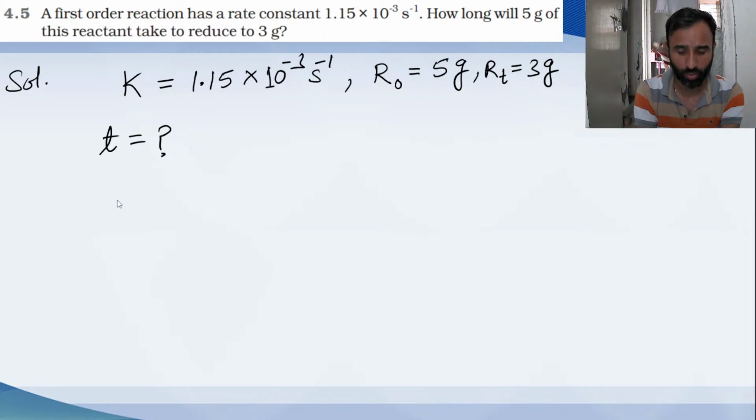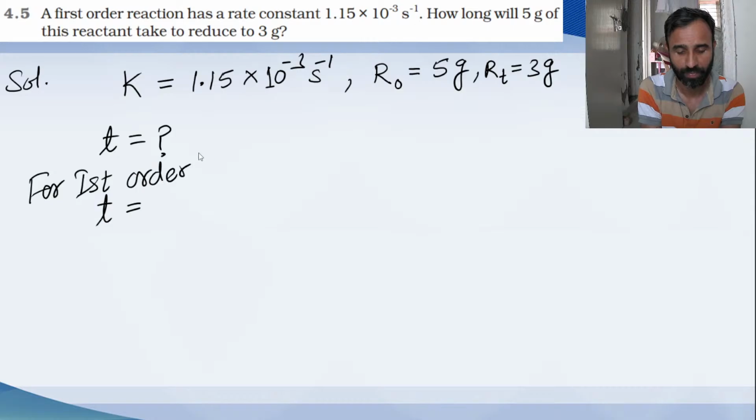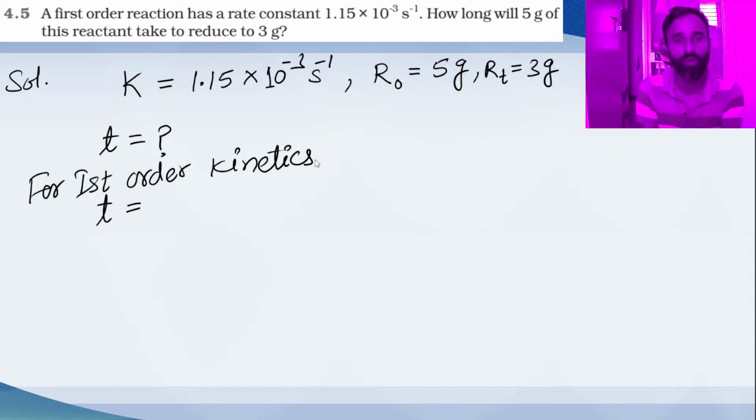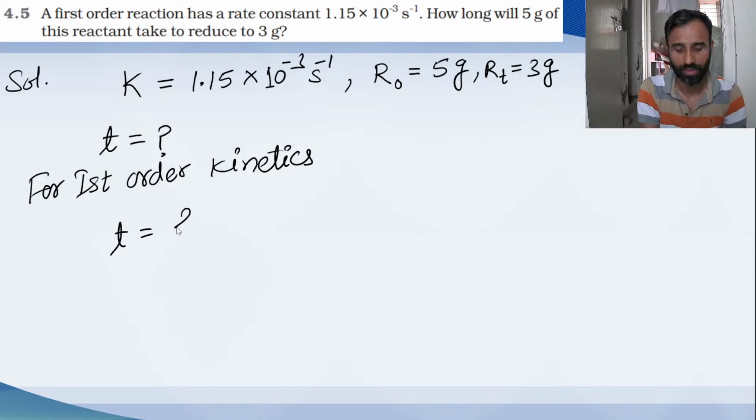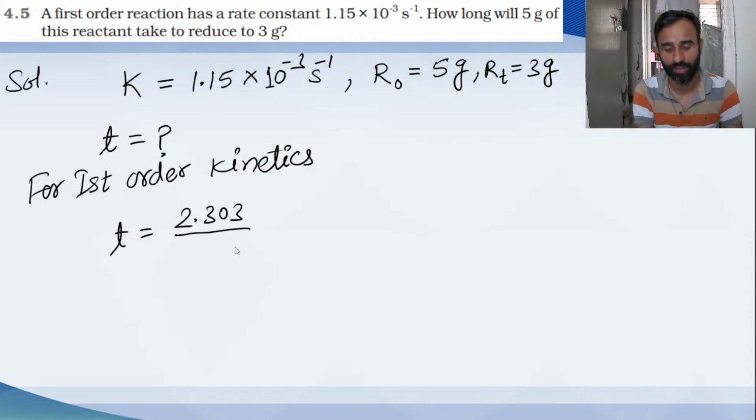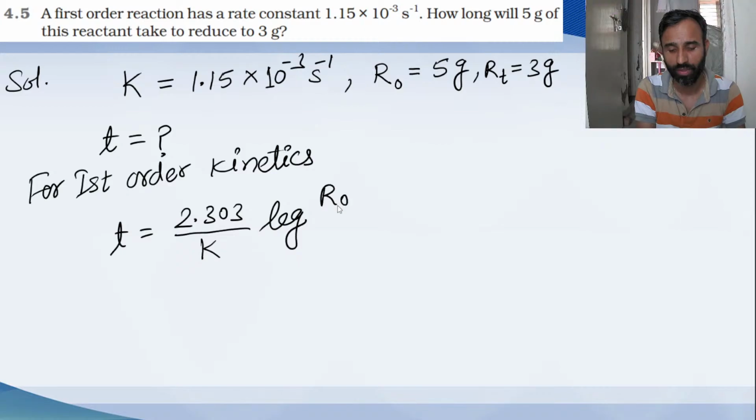Okay, so now time for first order kinetics. For first order kinetics, time is equal to 2.303 over k log of R naught by Rt.